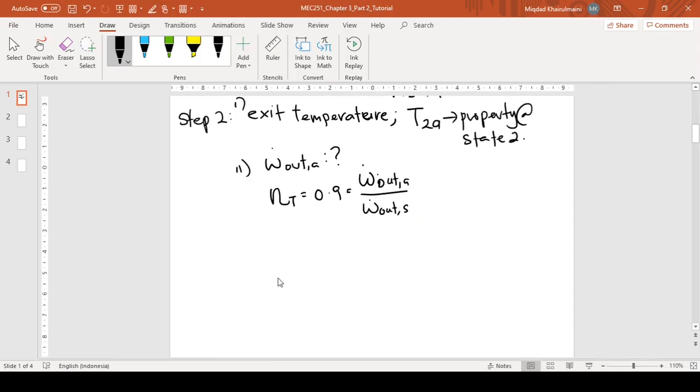So to get the equation for work output, we have to write our SFEE. So we write down our SFEE in capital letters because we know of the mass flow rate, and also the question asks us to find in capital letters.